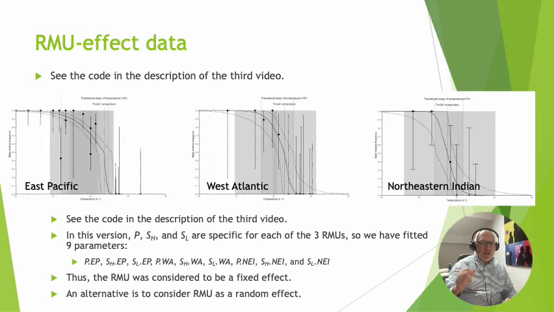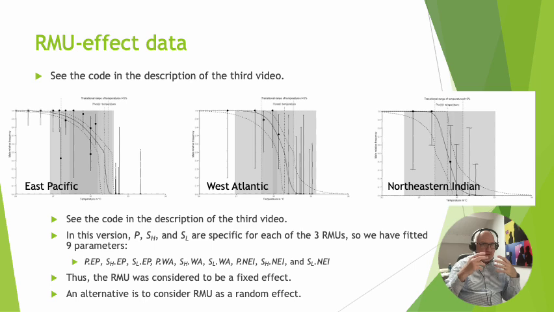So, in the third video, we have described an RMU effect of the thermal reaction norm. All the data came from the same species, but we split the data by the origin, the RMU origin of the females, and we describe the thermal reaction norm for the 3 different RMUs.